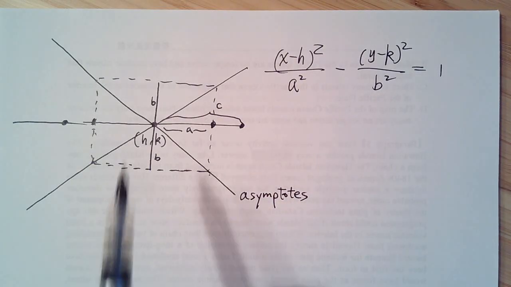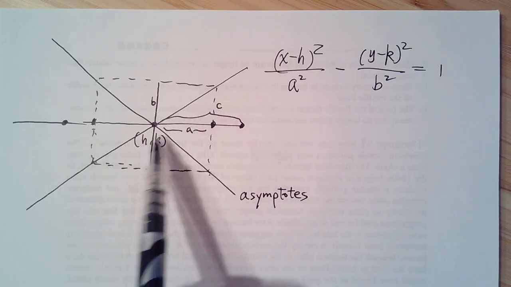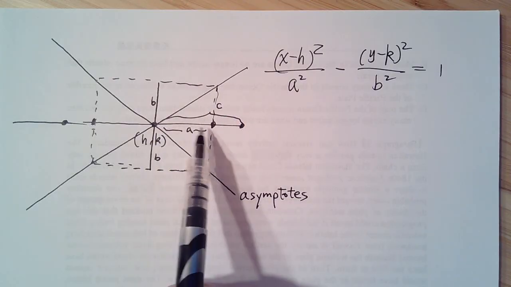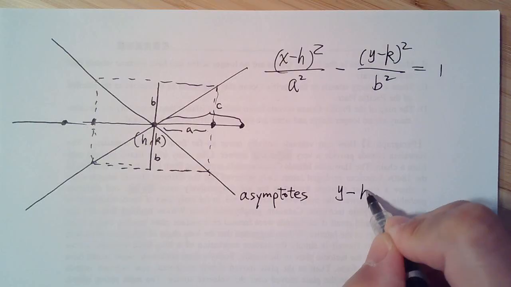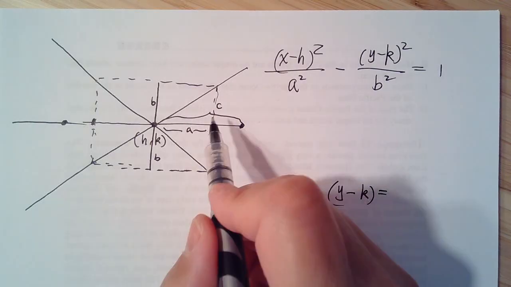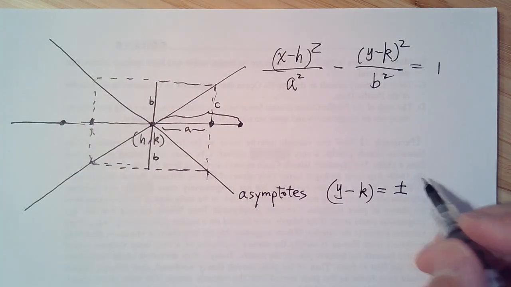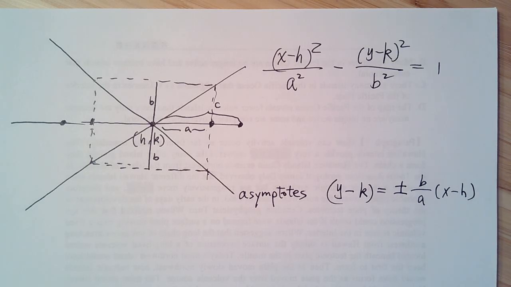Remember, if you have a line that passes through a point with a slope, what is the slope? Rise over run. Rise is b, run is a. So therefore, y minus k equals the slope. The slope could be positive or negative, so plus or minus b over a times (x minus h). Again, I hope that you don't just memorize that.